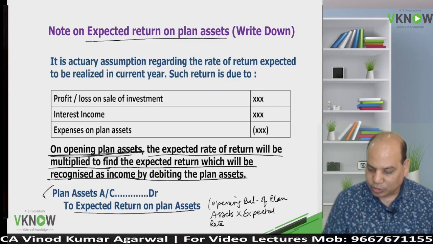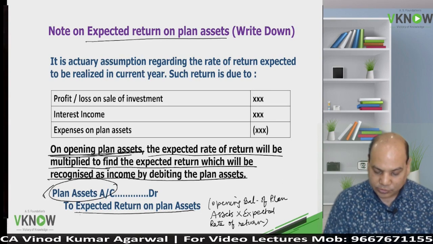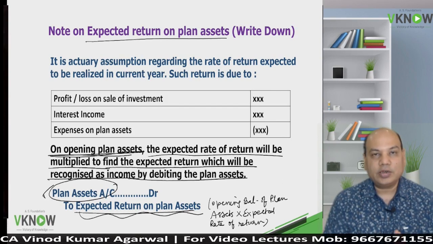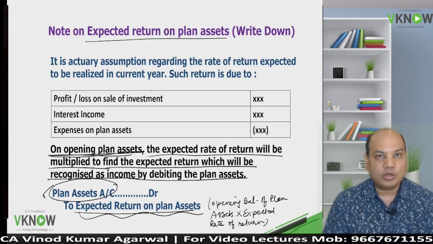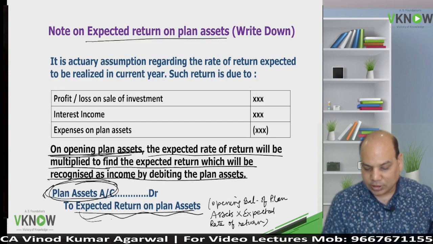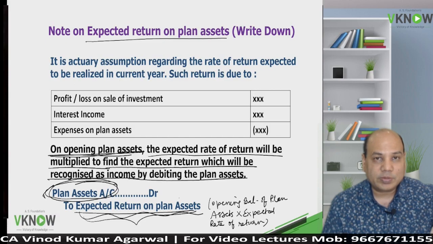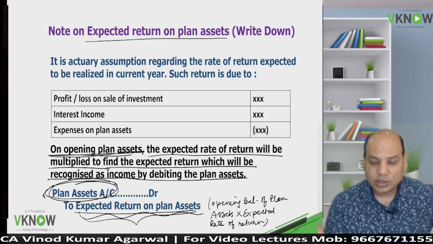It is like you are recording income on investment. This is your investment and this is your income. The entry for income on investment is investment account debit to income on investment. So investment value goes up and the income on investment is recorded in profit and loss account.